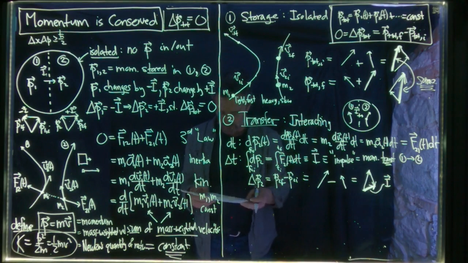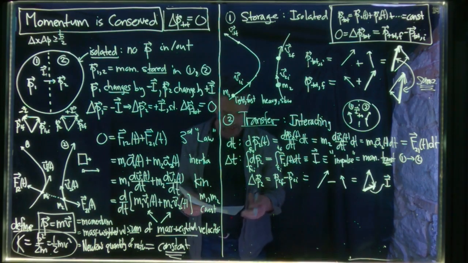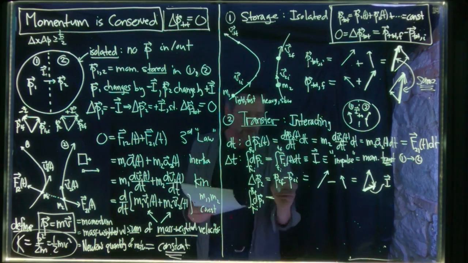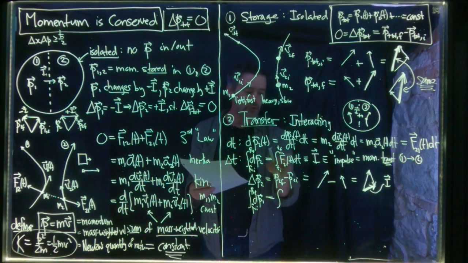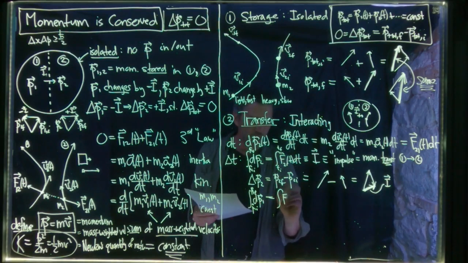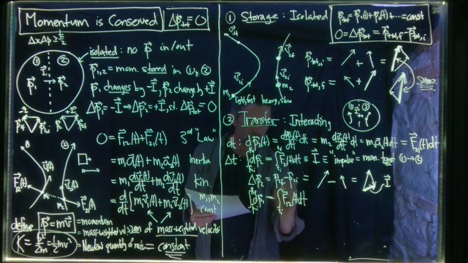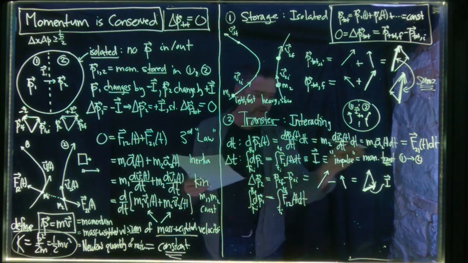It'll say the integral of dp1 from p1 initial to p1 final is equal to the integral, instead of the force on 2 due to 1, of the force on 1 due to 2 at any instant of time, integrated over time from t initial to t final.